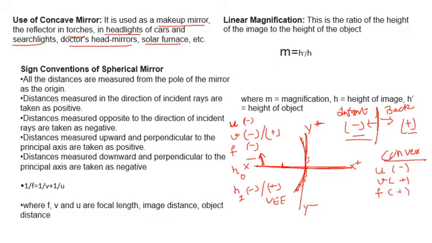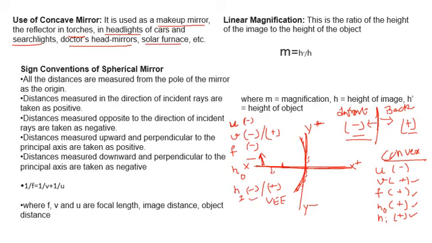Then height of an object is always positive. And height of an image was always virtual, so virtual always positive. With virtual the sign goes positive, positive, positive. With the real image the sign goes negative, because the image is formed below this line, right?